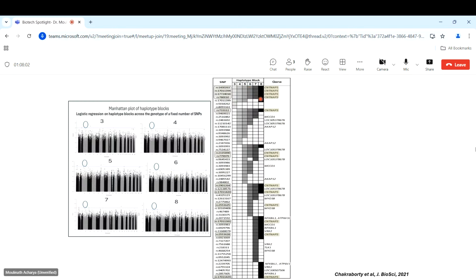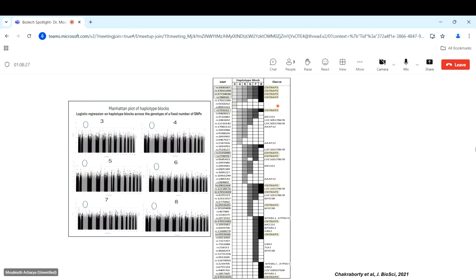Likewise, this is the table that you can see here. These are the SNPs that are found in all haplotypes. And then the next set is found in 4, 5, 6, 7, 8. The next is found in 5, 6, 7, 8. And so on. Okay. So altogether, we have 13 SNPs that have been found in the genic region called CNTNAP5.